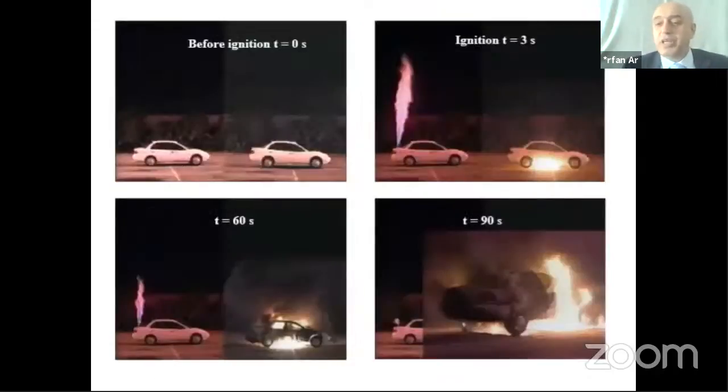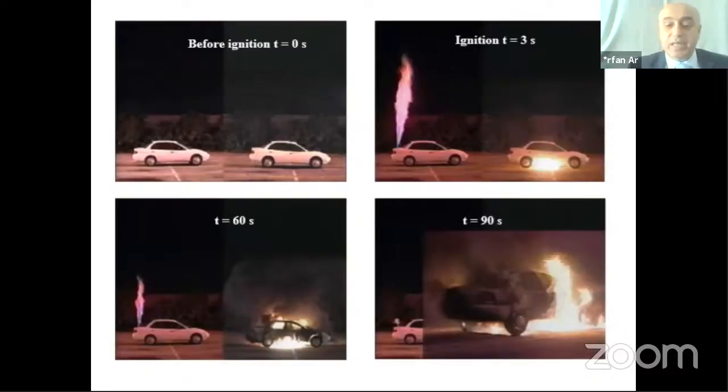This is a good example. In this experiment, a fuel cell car and a gasoline-fueled car are ignited at the same time. After 3 seconds, you can see that the whole below section of the gasoline-fueled car is covered by the flame. On the other hand, you see the hydrogen-fueled car is not affected by this flame.